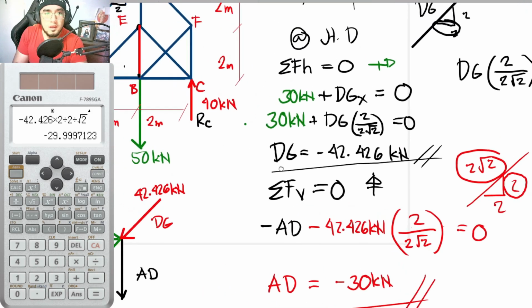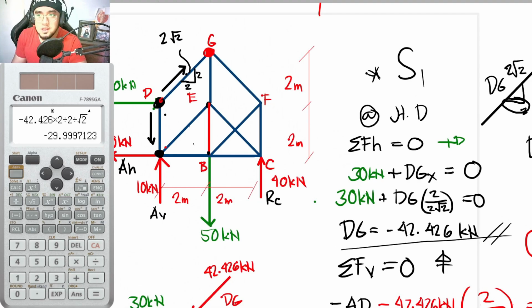Okay, so from that, you will now follow the same procedure. Since you already know this value and this value, it is in your best interest to go to this joint or this joint. If you go to this joint, since you already know this value, you can solve for the bar force here and the bar force here.